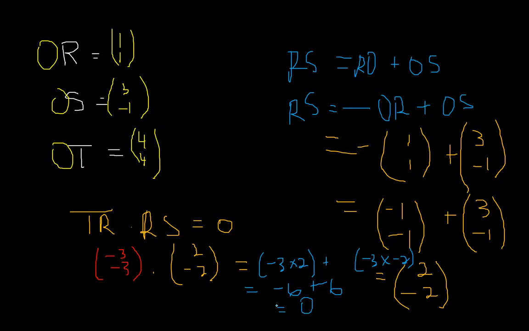And then you would state, since the dot product is 0, then the angle is 90 degrees. So you make a final statement. Is that fine? Yes, miss, that's clear. Okay, cool.